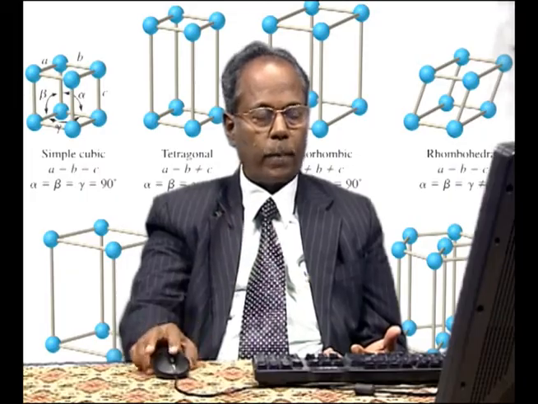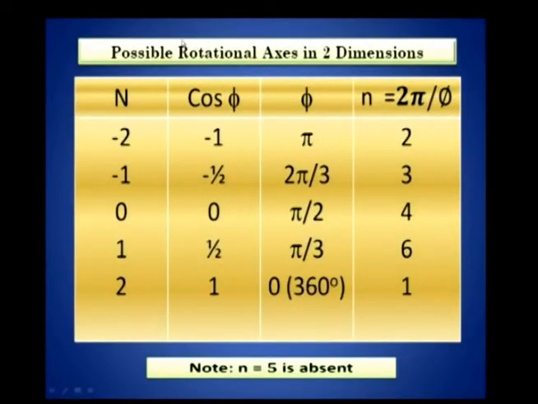Now, therefore, your n gives the fullness of rotation, right. So, what is n? N is 360 divided by phi. The phi values are given here, right.